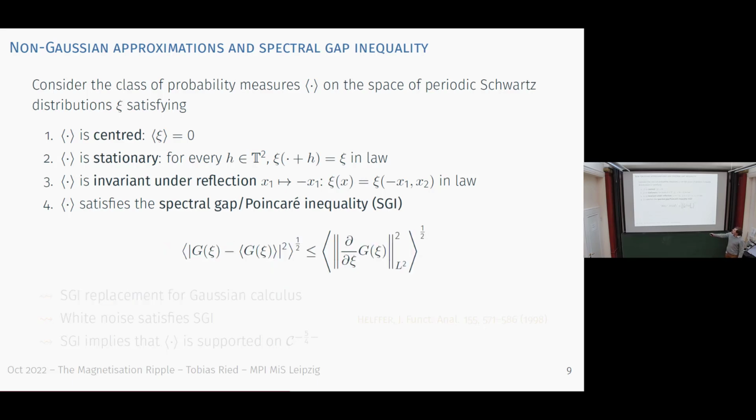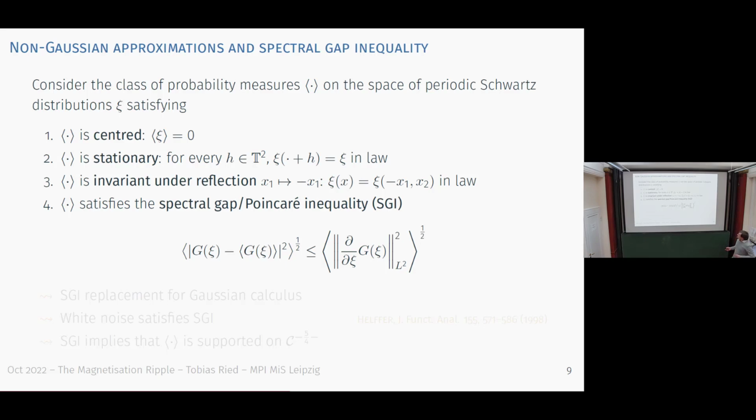So let me assume that we have an invariance under reflection, say from x1 to minus x1, so that this transformation doesn't change the law of our random variable. And then what we want to replace the Gaussianity by, and that's not a crucial part, is a spectral gap, also infinite dimensional Poincaré inequality, which says that the variance of certain suitable nonlinear functionals G of Xi, of the noise, is controlled by the expectation of the L2 norm of the derivative of G with respect to the noise.